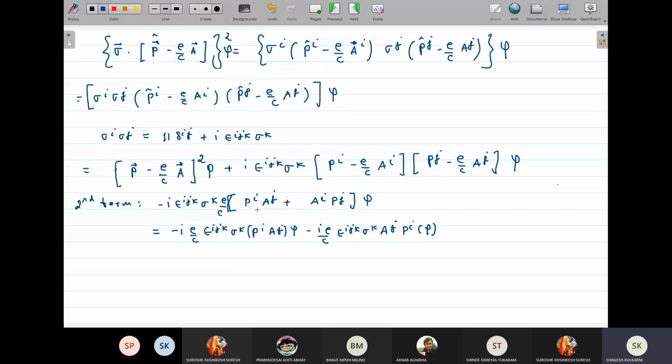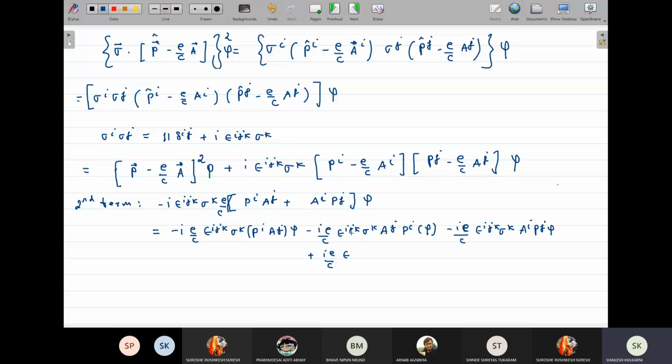This is the first term, and the second term will remain as it is: e by c epsilon_ijk sigma_k, A_i p_j. Here only p_j will act on phi. So this term is basically the same as the earlier term, although the index structure is different. But one can write this term as plus i e by c epsilon.